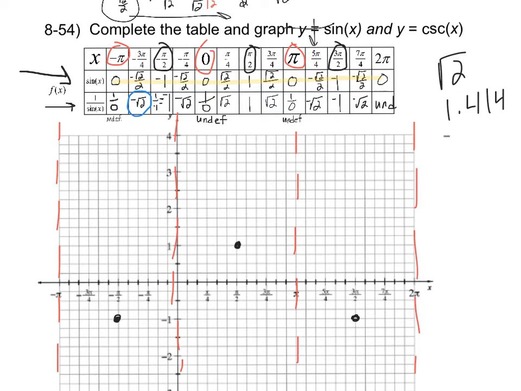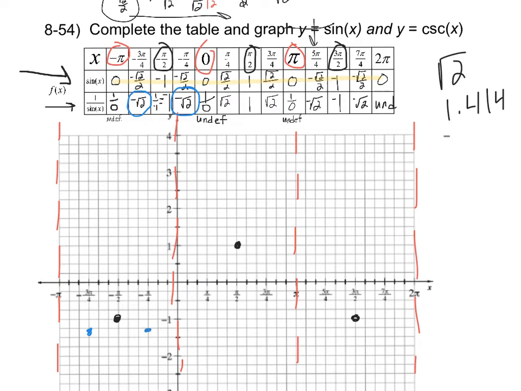So that's at negative 3 pi over 4, negative 1.41 is somewhere right around here, maybe a little bit further down. I'm at negative pi over 4 for x. My output is a negative 1.41. That's going to be right there.